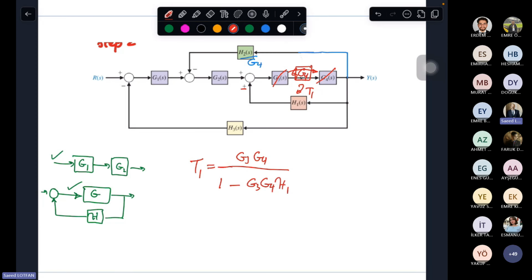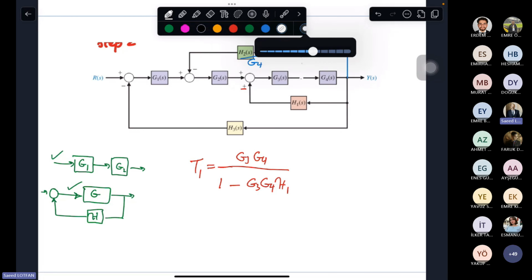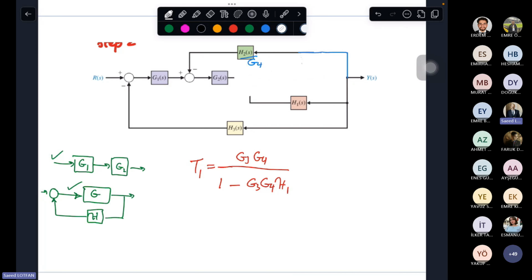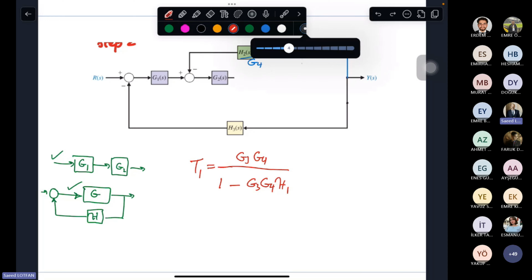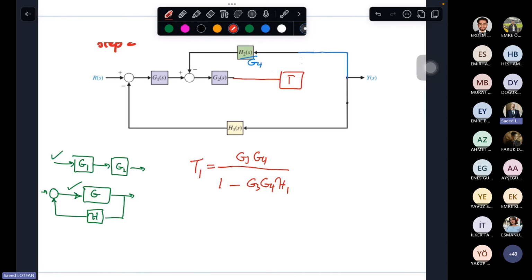Now T1 goes like that. These two guys are cascade.